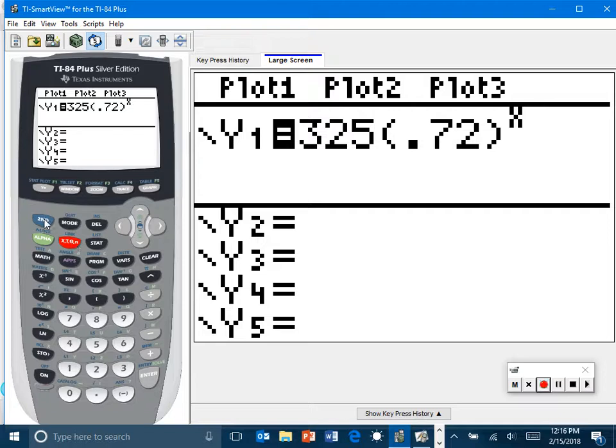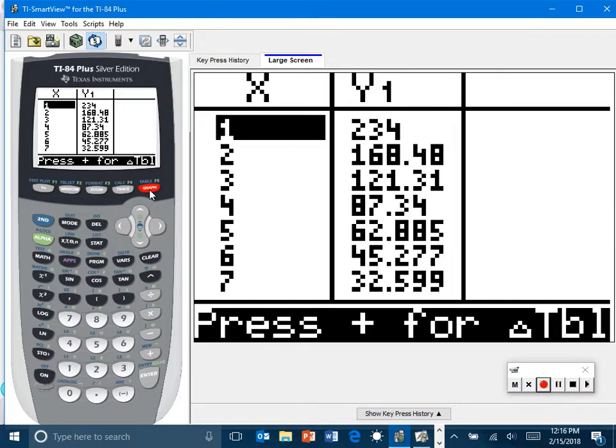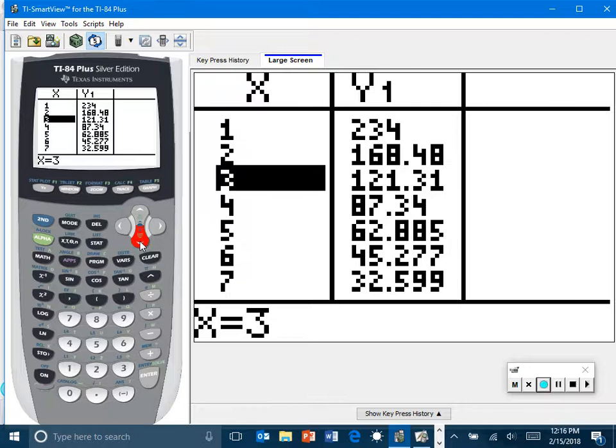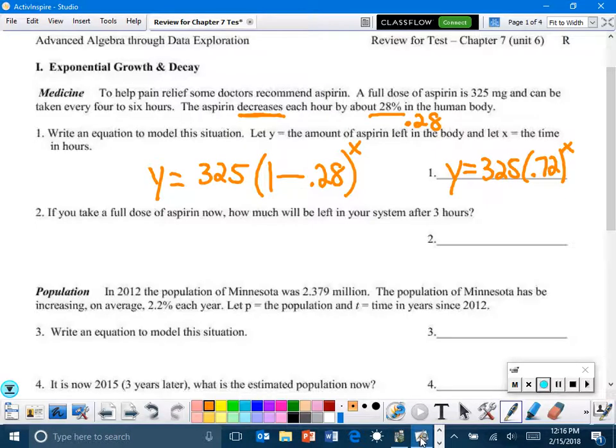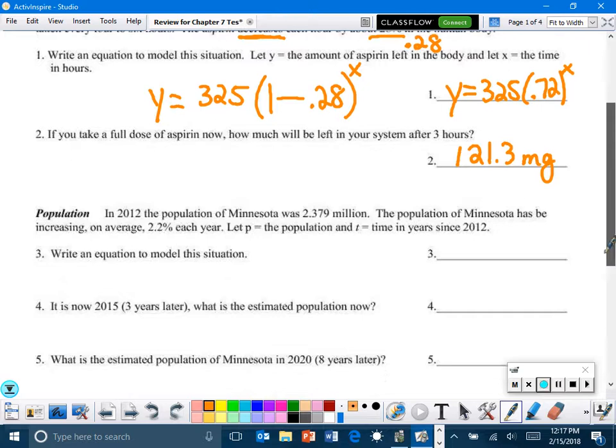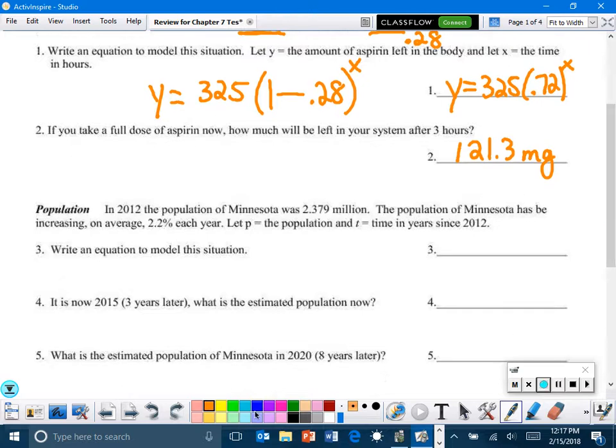Go to our table, second graph, and when we go to 3 hours, right there's our answer, 121.31 milligrams, or just 121.3. All right, there's problem number 1 and 2.